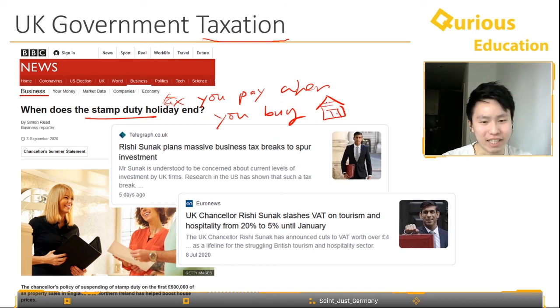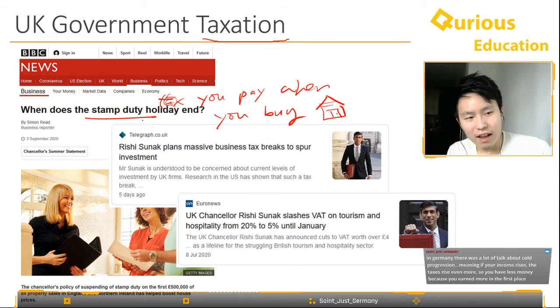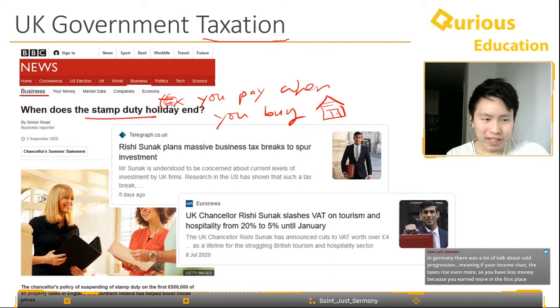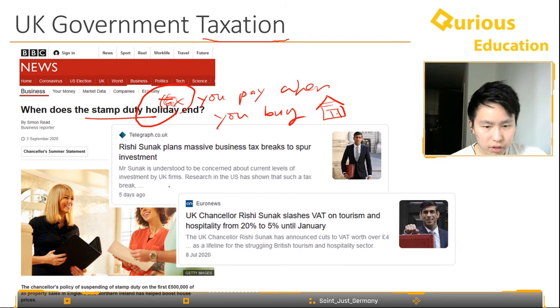I'm not sure if any of you are homeowners, but homes are very, very expensive in general. Normally if you buy a home, you have to pay stamp duty. But since the housing market is not expected to do well, they have relieved or reduced those taxes so that we don't need to pay them.